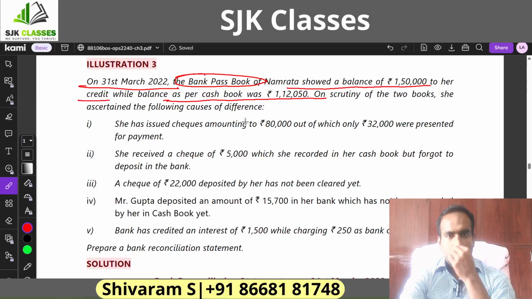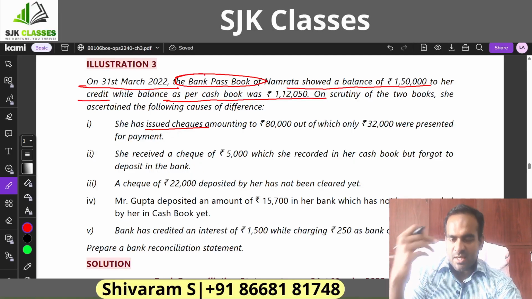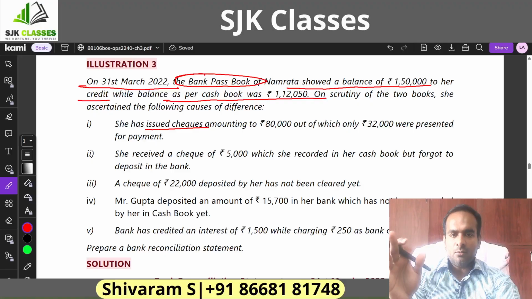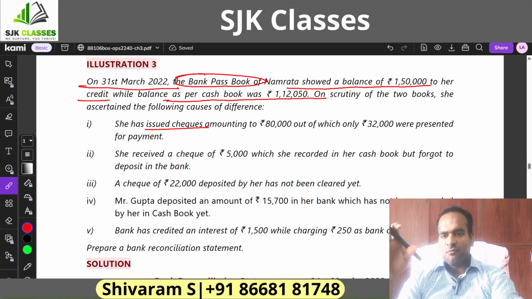Then the next one, look at this transaction. She has issued checks. After seeing the words issued checks, what should strike our head? Issued checks means a case of payment. There's a payment amounting to 80,000, of which 32,000 were presented for payment.